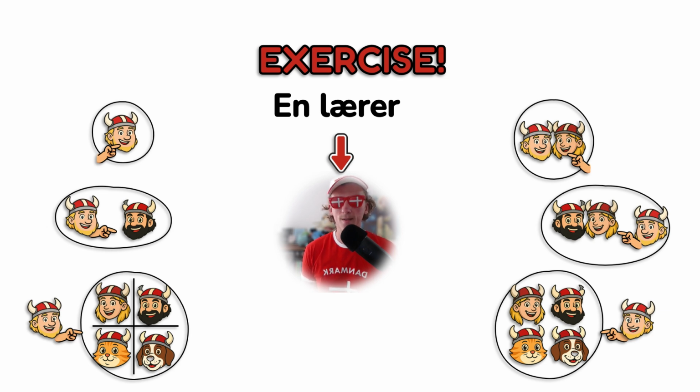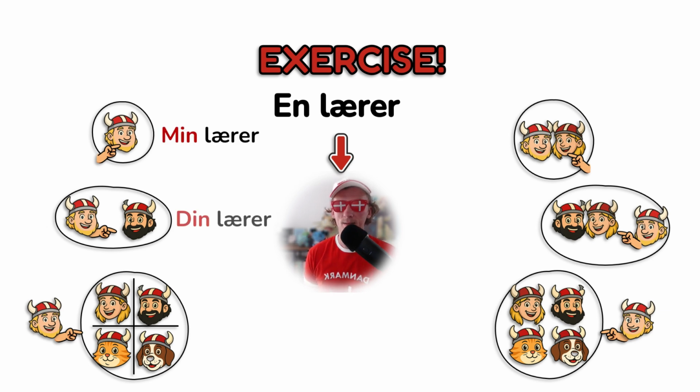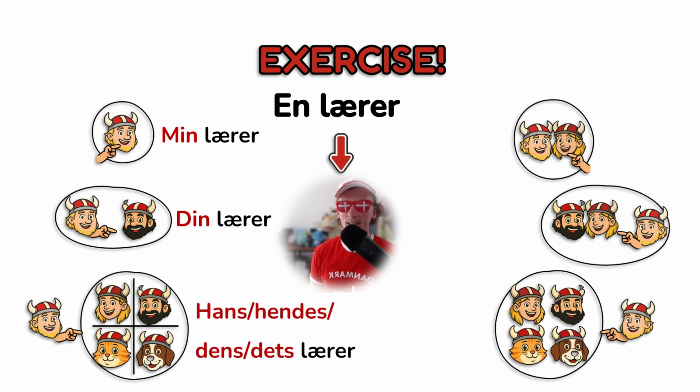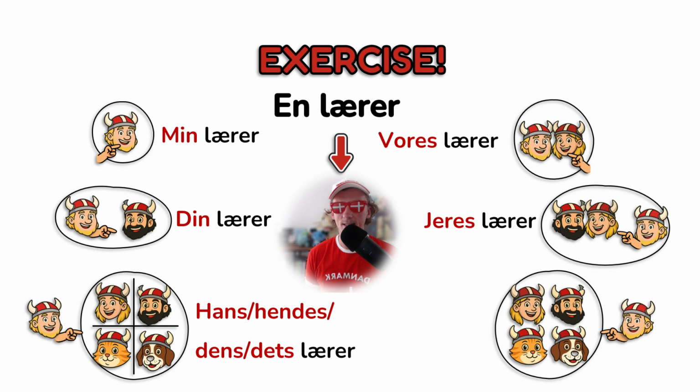Think for yourself, starting from the left side, going to the right side. Great. Let's go and see if you've got it all correct. Min lærer, din lærer, hans, hendes, dens, des lærer, vores lærer, jeres lærer, deres lærer. And here I can of course say, jeg er jeres lærer. I am your teacher. Very good.